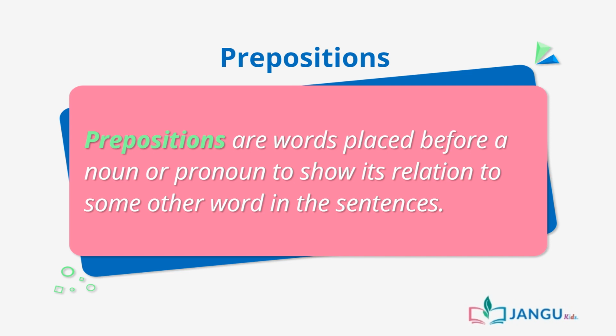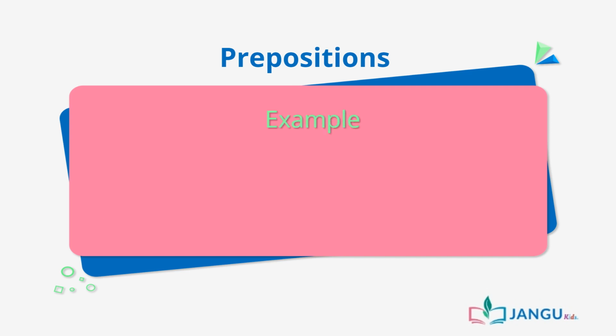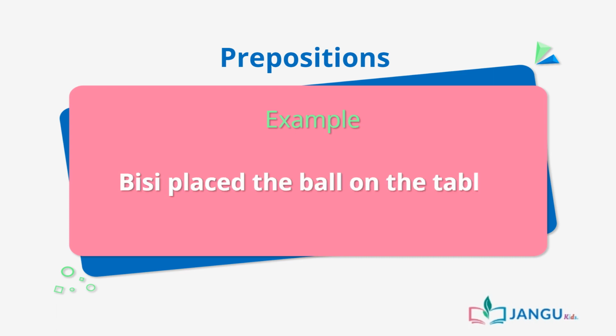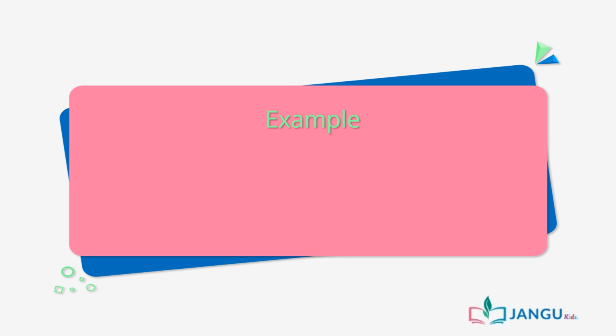For example, in this sentence, "Bisi placed the ball on the table," the word "on" is a preposition because it shows the relation between the table and the ball by telling us the ball is on the table. Other examples of words that can serve as prepositions include over, into, around, across, etc.